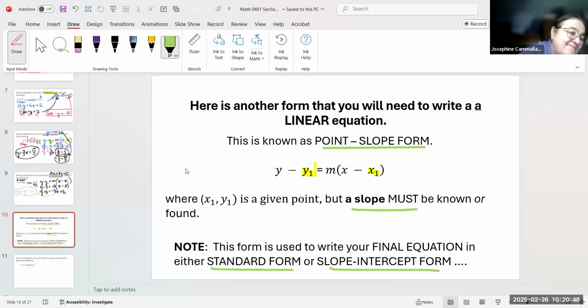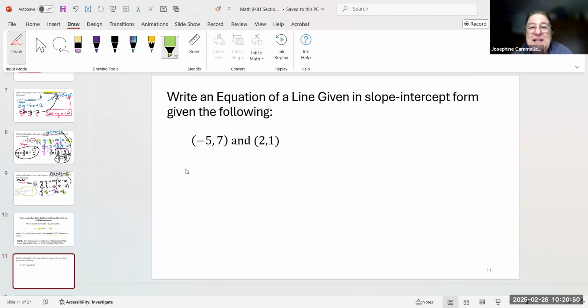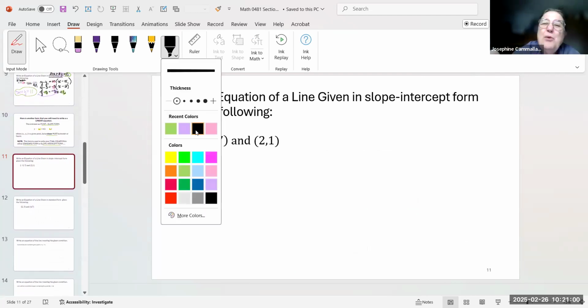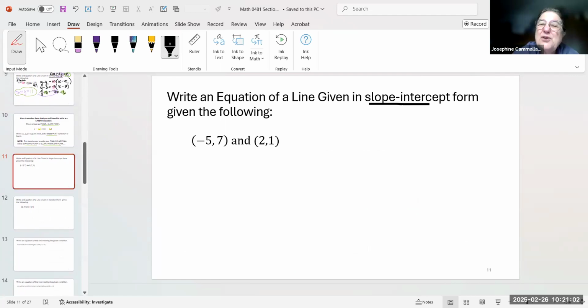Now, this is where it gets interesting, and this is where it can get a little long, okay? Now, first off, I want to write my answer in slope-intercept form. Okay.